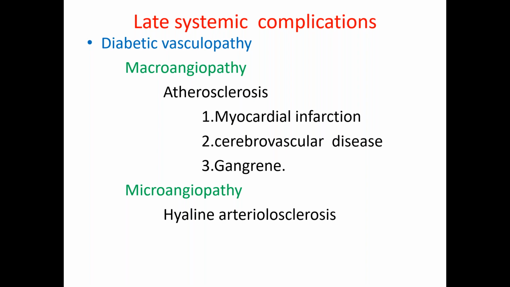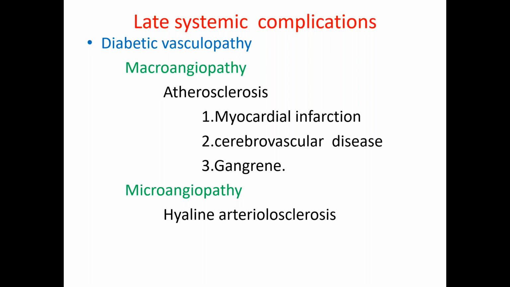And in the peripheral circulation, in the arteries supplying the lower limbs, if the atherosclerosis affects popliteal vessels, then the patient may develop gangrene, dry gangrene. So these are the macrovascular complications due to premature and severe atherosclerosis.